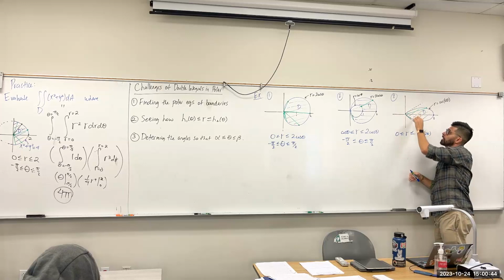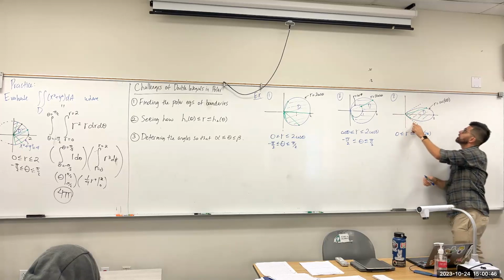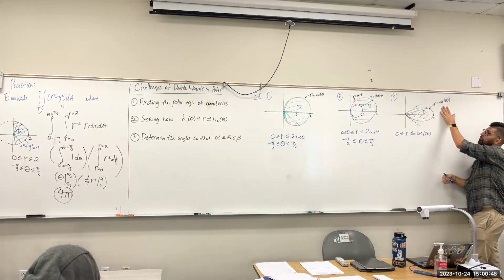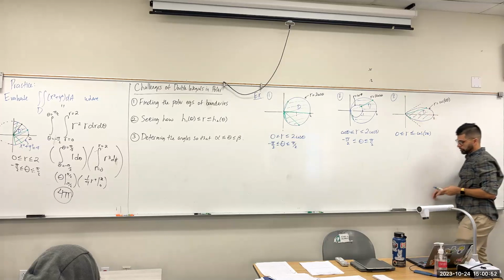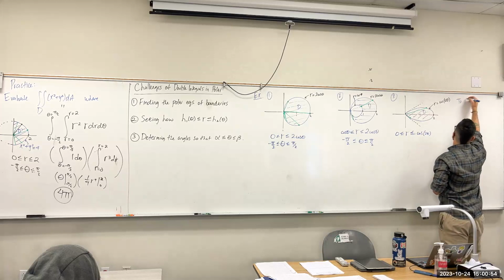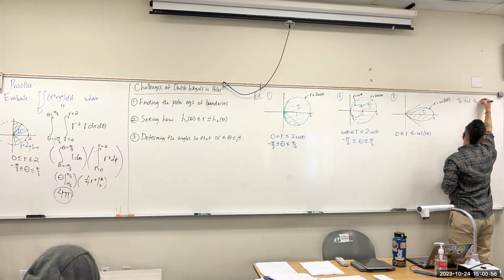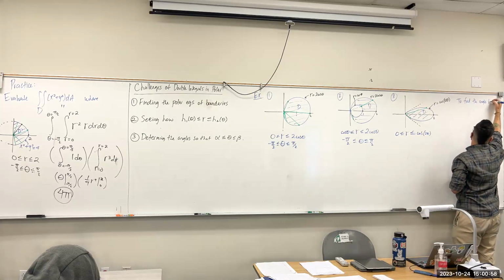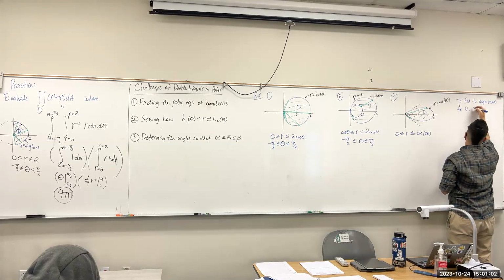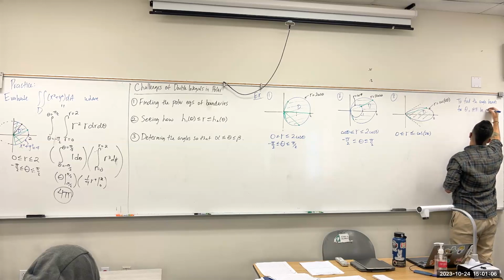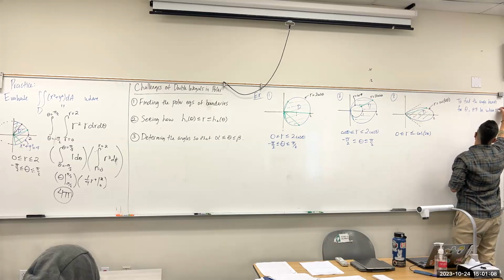So the way you're going to find these angles is by using the function to see when R will equal 0. So to find the angle bounds for theta, it'll be when R is equal to 0.